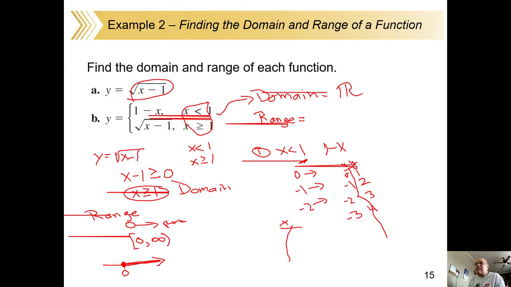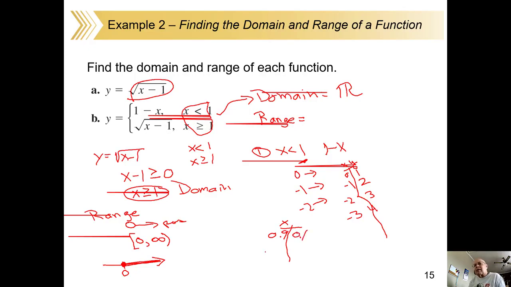Let's get real close to that 1. Let's make this 0.9. That's still less than 1. When I put the 0.9 in, I'll have 1 minus 0.9 is 0.1.